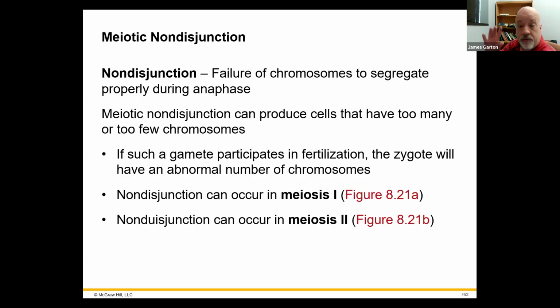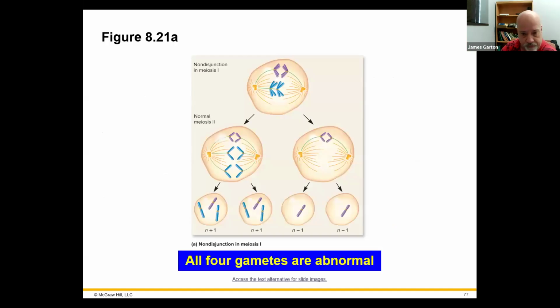Now, non-disjunction just means failure of chromosomes to properly segregate. During meiosis, non-disjunction can make cells that have too many or too few chromosomes. And non-disjunction can happen in meiosis 1 or in meiosis 2. If it happens during meiosis 1, in anaphase 1, every gamete that is produced will be abnormal.